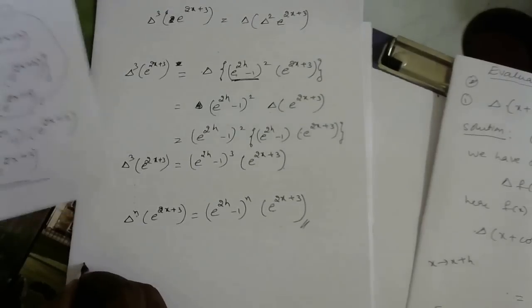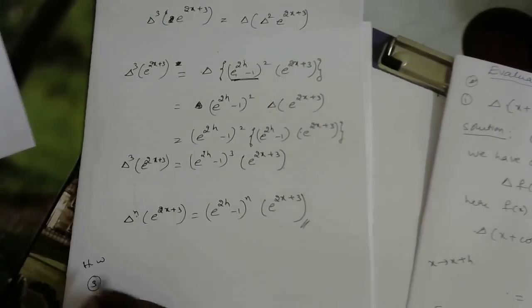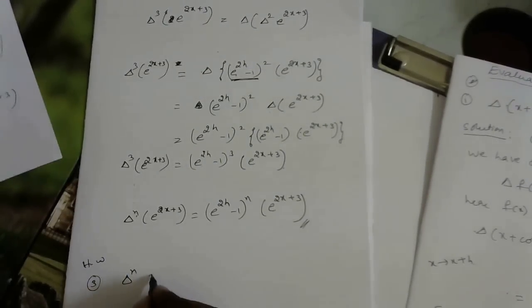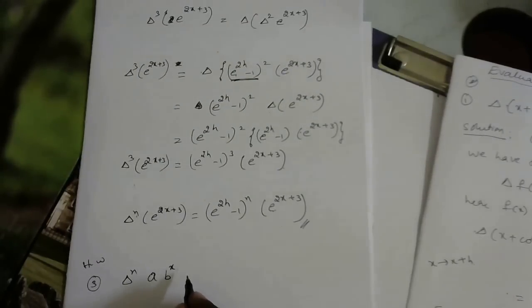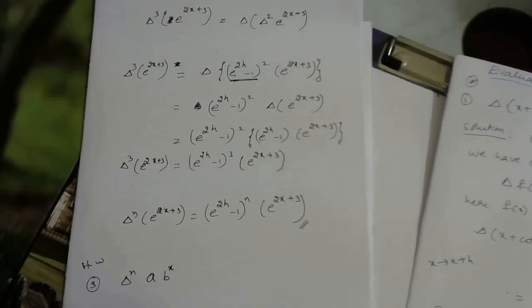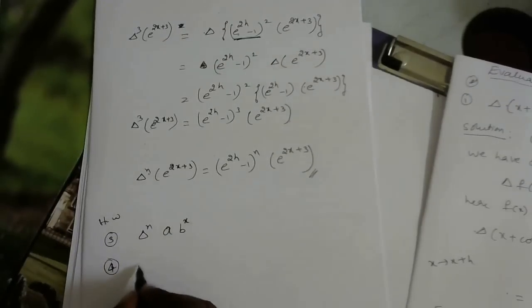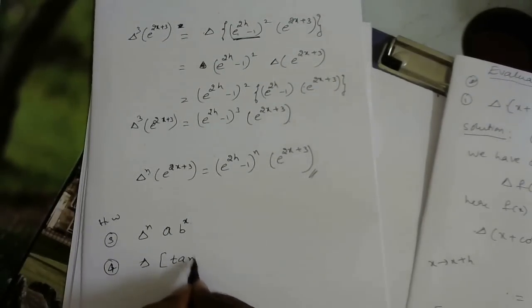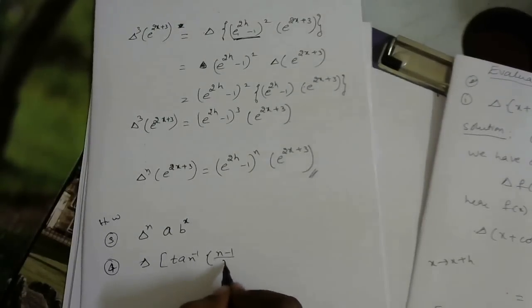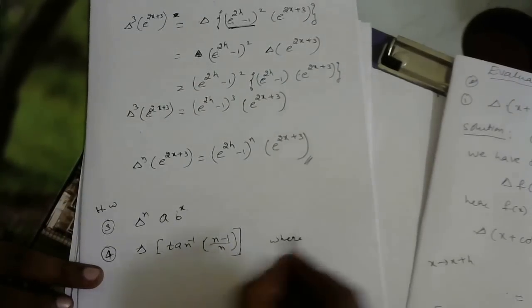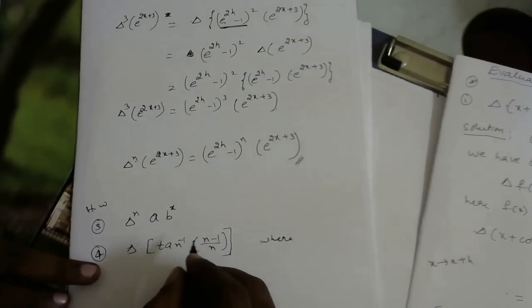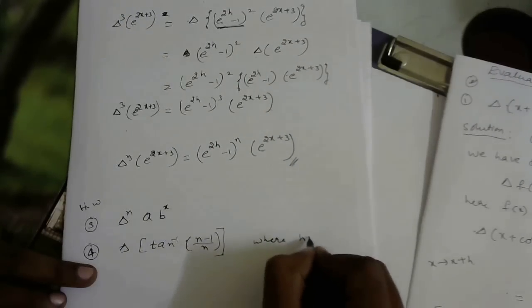Take it as homework. What do you get? Delta to the power of n into a into b to the power of x. And another one is the fourth one: delta into tan inverse of n minus 1 divided by n into x, where h equals 1.